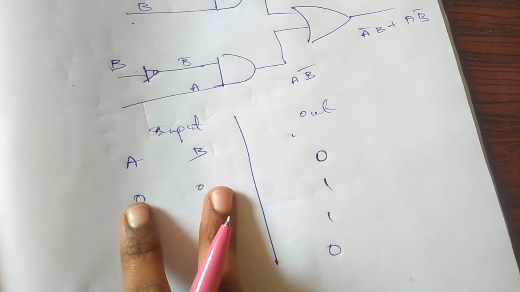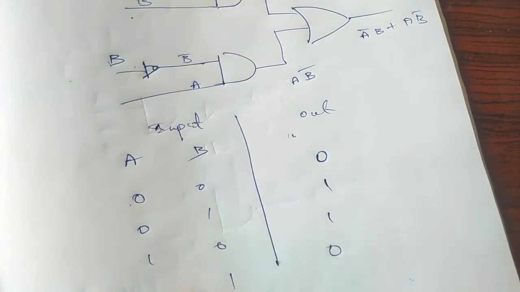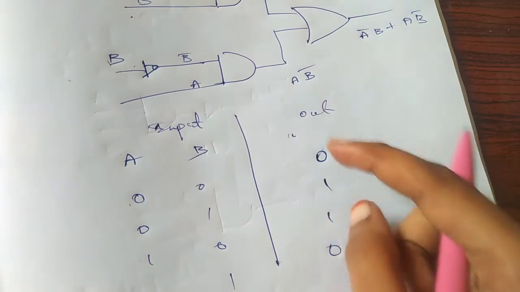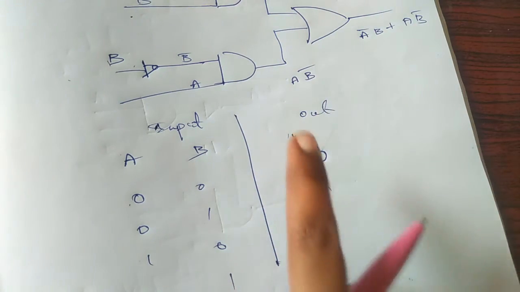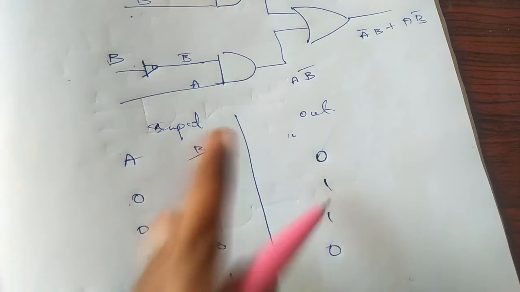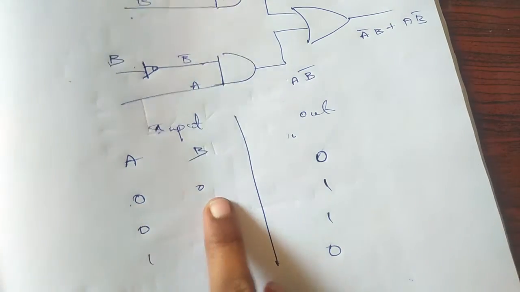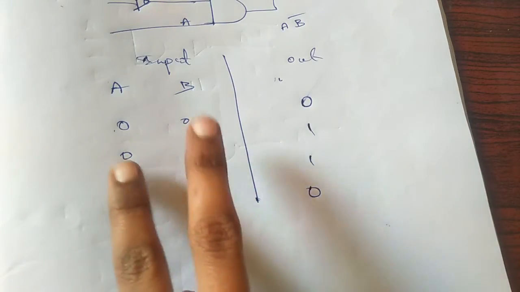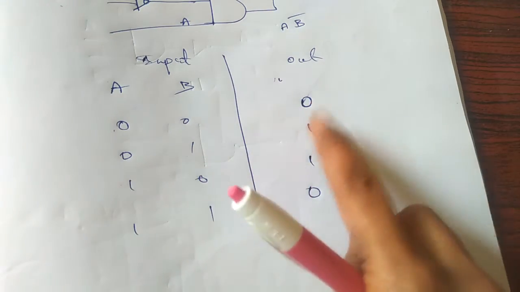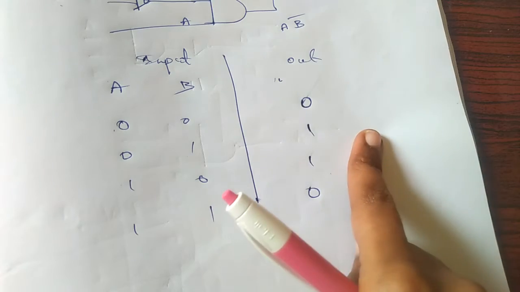See, if you substitute 0 0 in this equation, you will get this only. Make sure you do this, then you will get a complete understanding of the exclusive OR gate. If the two inputs are the same, either high or low, the output will be low. If the two inputs are opposite, then you will get high at the output.